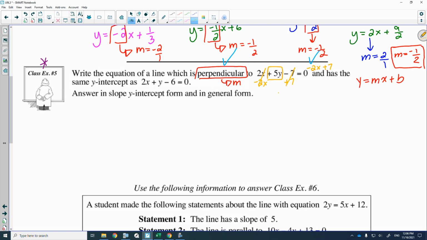I would be left with 5y is equal to negative 2x plus 7. From here, continue to isolate your y by dividing each side by 5. And the equation of the given line is y is equal to negative 2 over 5 x plus 7 over 5.